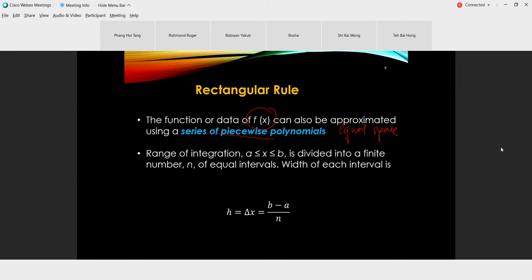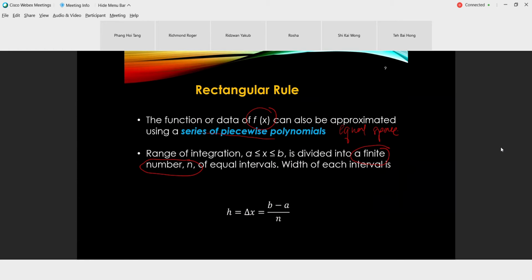The range of the integration between a and b is divided into a finite number n of equal intervals. Equal space is basically equal interval.